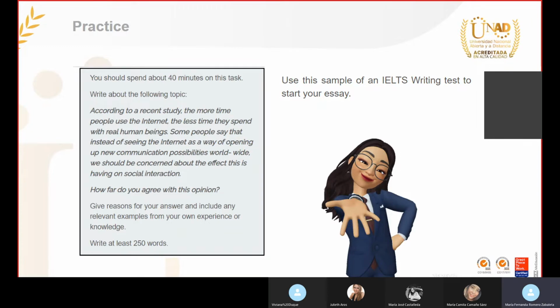And maybe provide facts as arguments. For example, yesterday a girl told us, I don't remember if it was Juliet, was it you, Juliet, that one example she could use is that when families sit together for dinner, everyone is on their cell phone and nobody is talking face to face.